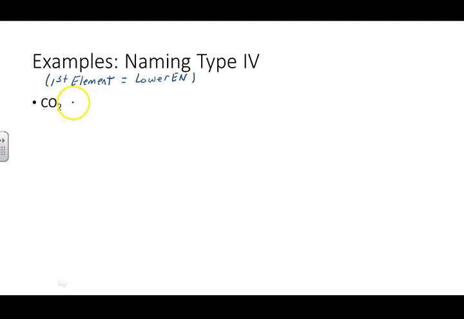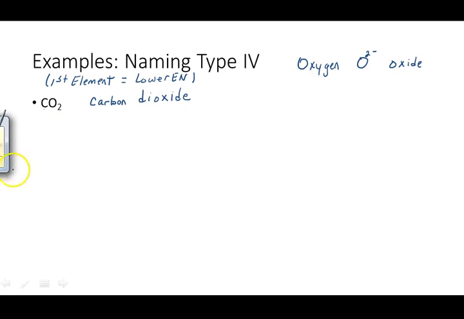And so we would name this one: we have carbon. We've got oxygen present, so we're going to say di-ox, and then we're going to modify the ending to IDE. The negative form of oxygen, which is O with a -2 oxidation state, is going to be called oxide. And we have two of those, so dioxide.